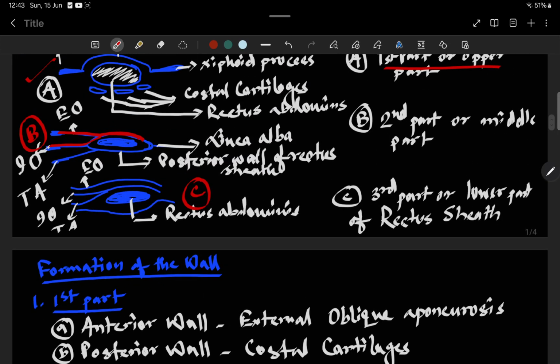This is the internal oblique aponeurosis. Okay.